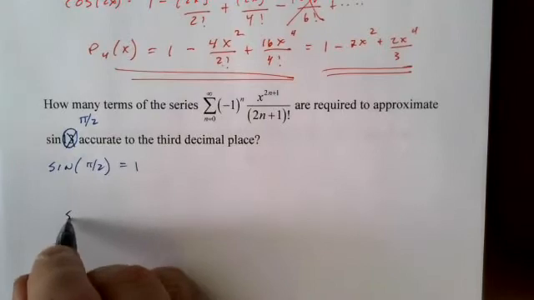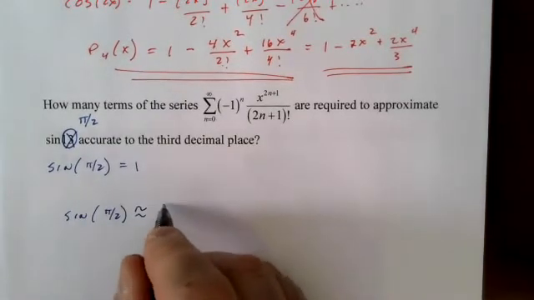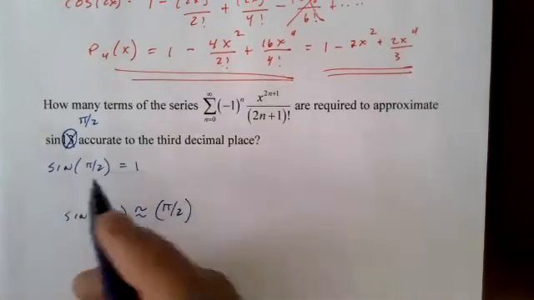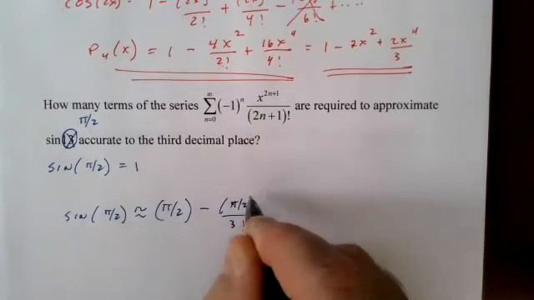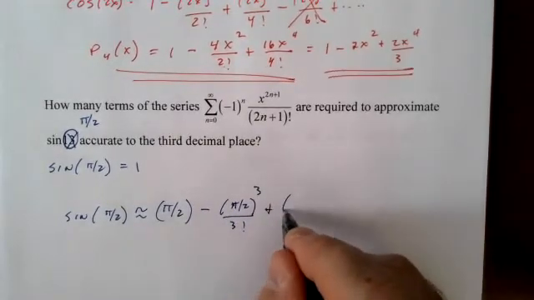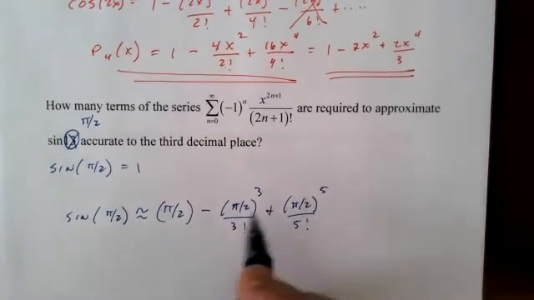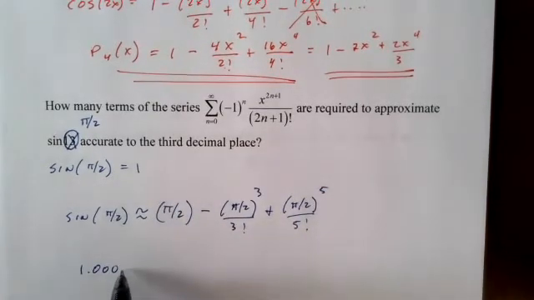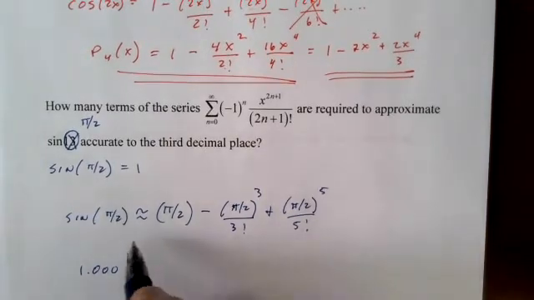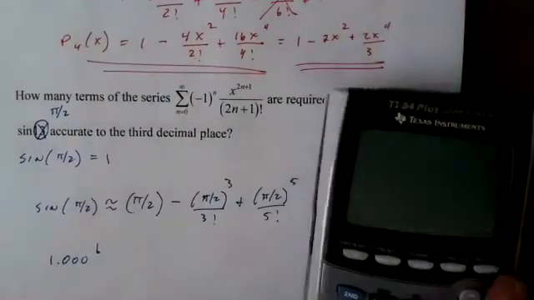So the sine of pi over 2 approximately equals x minus x to the 3rd over 3 factorial plus x to the 5th over 5 factorial, dot, dot, dot. Now I want it to 3rd decimal place, so this needs to get to 1.000. And I better check that 4th place, make sure it's not 5 or 6, 7, 8, 9, and rolls over. So you have to use your calculator.